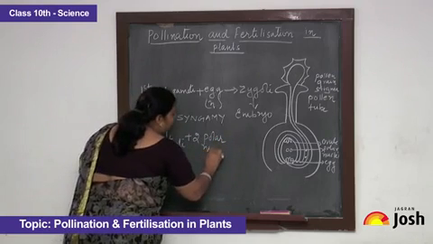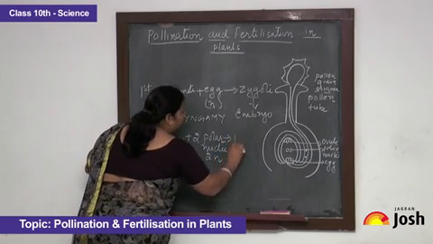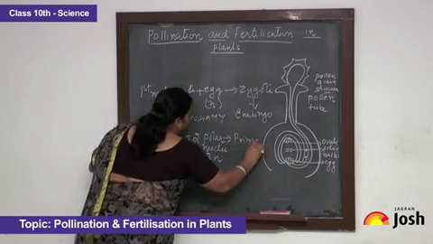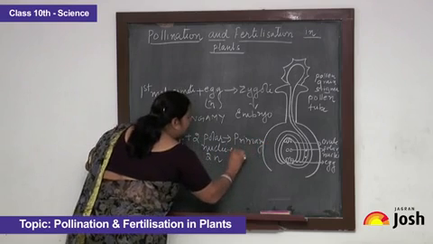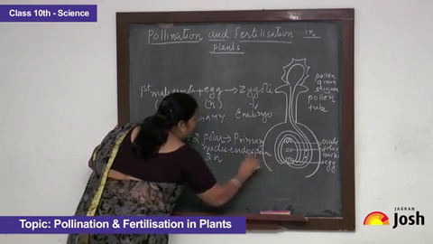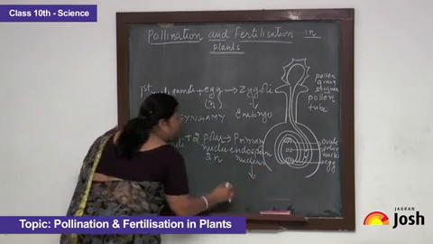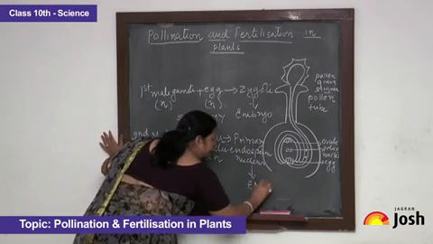The two polar nuclei are a diploid structure, and they form the primary endosperm nucleus, which later on develops into endosperm.